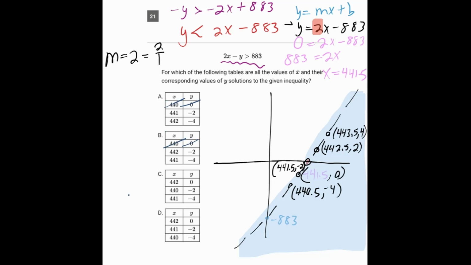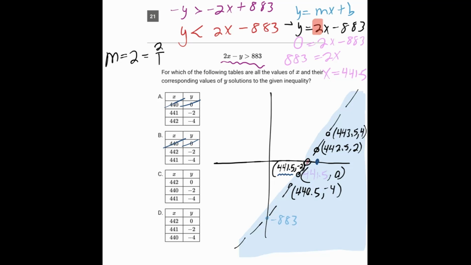And we have that same point here as well. Now on C, we have 442, 0. And that actually works well because that would put us like right around here, to the right of 441.5 at 0. So that's in the solution set. What about 440, negative 2? Well, right here we've got 441.5, negative 2.